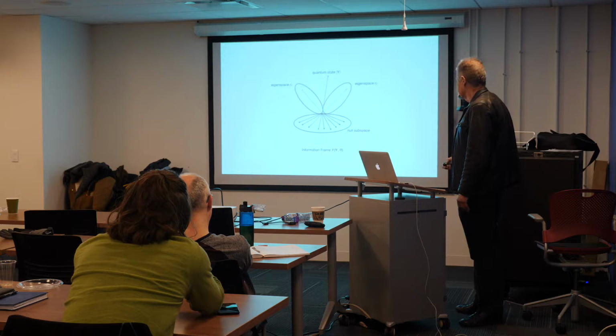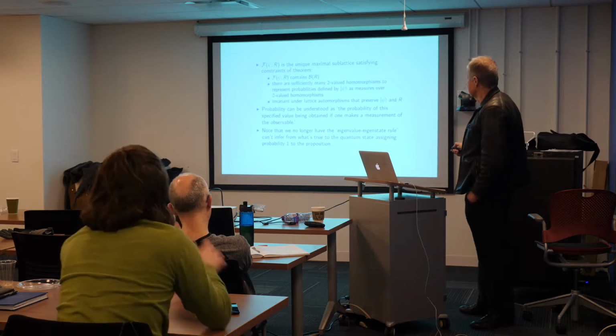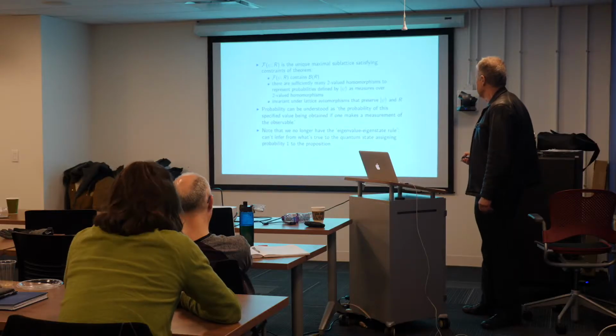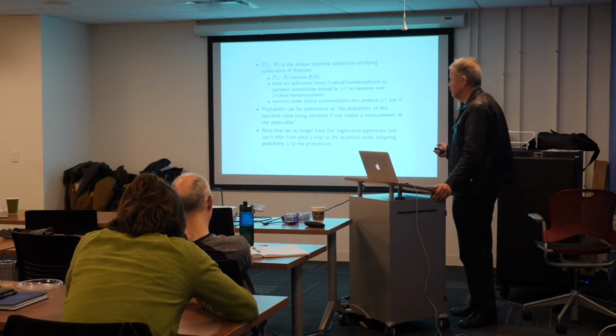Okay, so that's the structure. So this is the unique maximal sublattice satisfying the constraints of the theorem: that it contains BR, the starting point, there are sufficiently many two-valued homomorphisms to represent the probabilities defined by psi as measures over these, and it's invariant under lattice automorphisms that preserve psi and R. I'm saying lattice instead of the more general notion of Kochen and Specker, because the proof is the lattice proof.